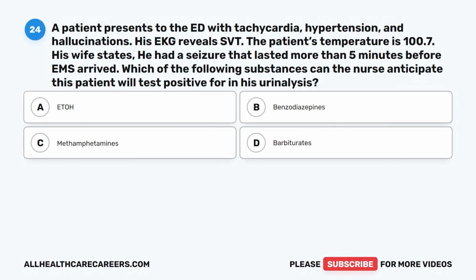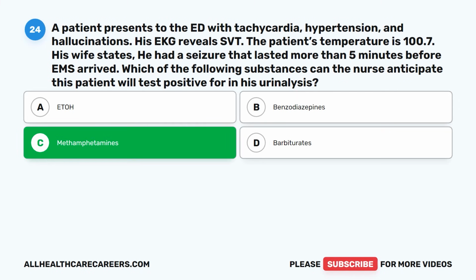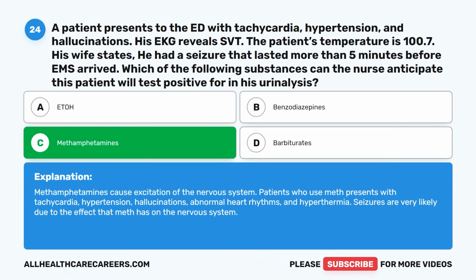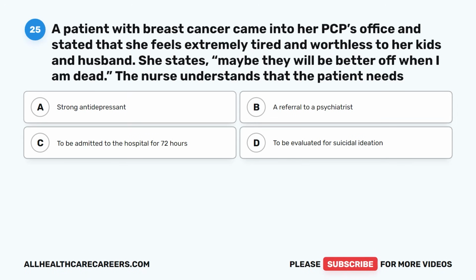B. Benzodiazepines. C. Methamphetamines. D. Barbiturates. The correct answer is C. Methamphetamines. Methamphetamines cause excitation of the nervous system. Patients who use meth present with tachycardia, hypertension, hallucinations, abnormal heart rhythms, and hyperthermia. Seizures are very likely due to the effect that meth has on the nervous system.